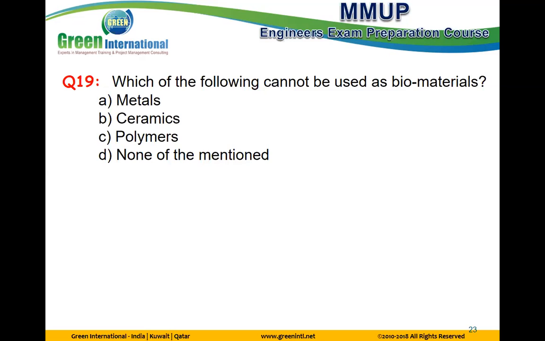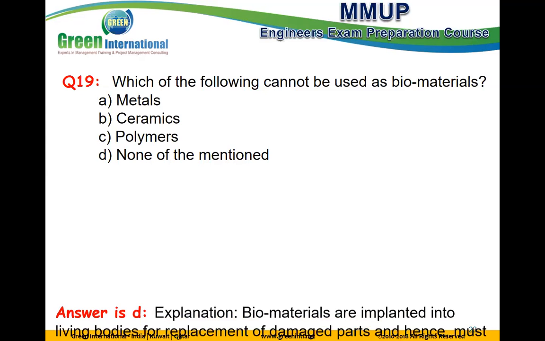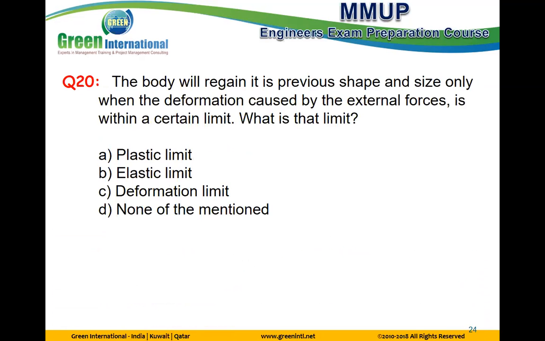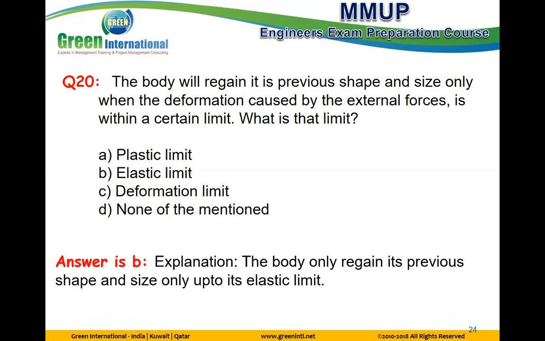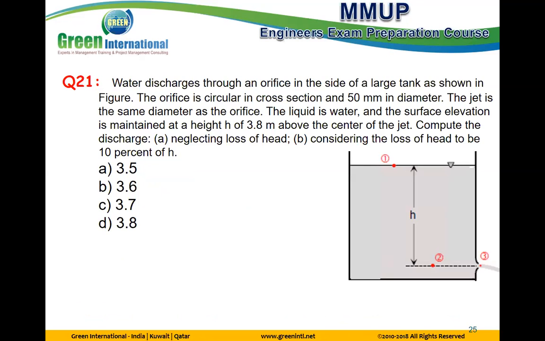No, D: none of the mentioned. Yes. A body regains its previous shape and size only when the deformation caused by the external forces is within a certain limit. What? Elastic limit. Great. B, yes.